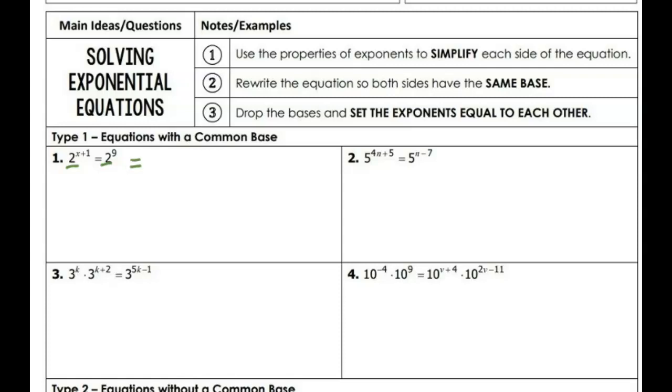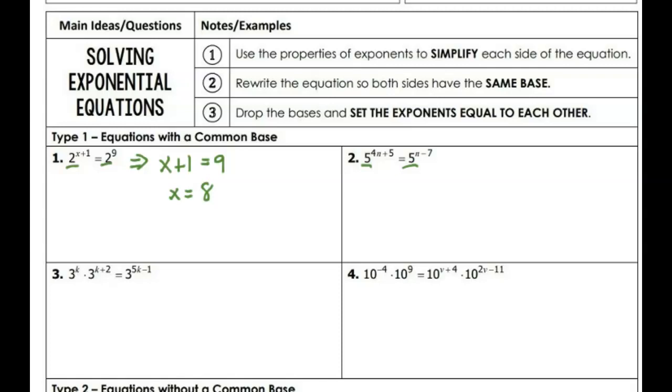In other words, we just have to write that x plus 1, that exponent, has to equal 9. Well, you can probably see straightforward that x has to equal 8. So that is the idea: as long as the bases are the same, then we just have to worry about the exponents, and so we can just set up a separate problem for the exponents.